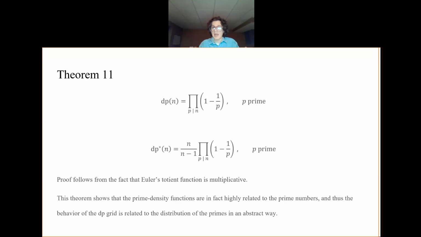And this theorem encapsulates that. The prime numbers are on display in the dp grid. Maybe in an abstract way, maybe in a way that's not so easy to recognize upon first glance, but it's there, and this theorem proves that.